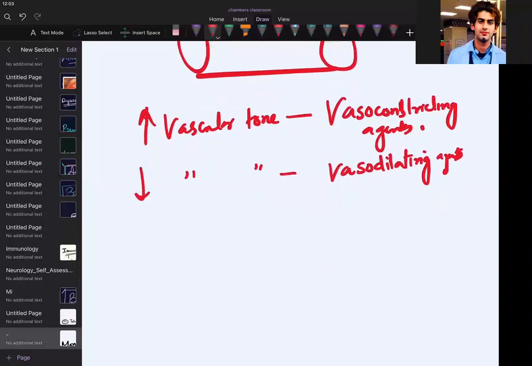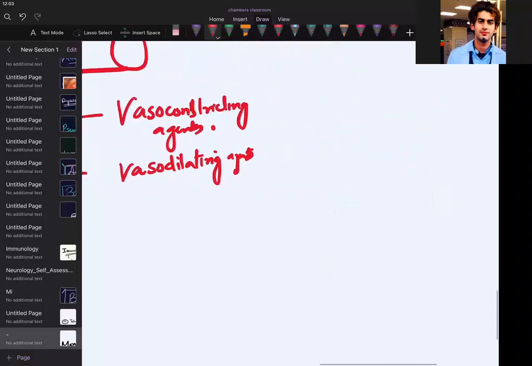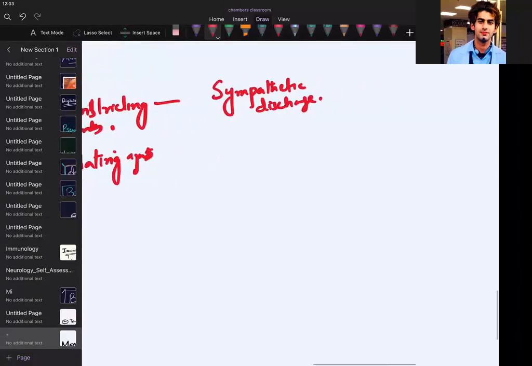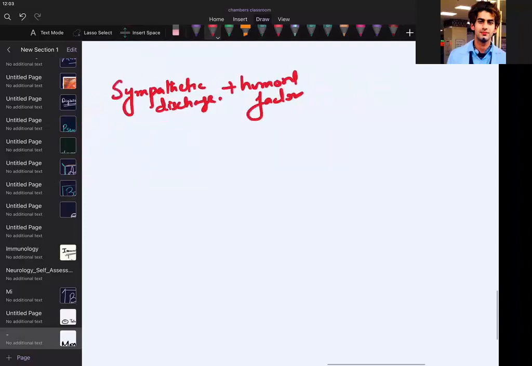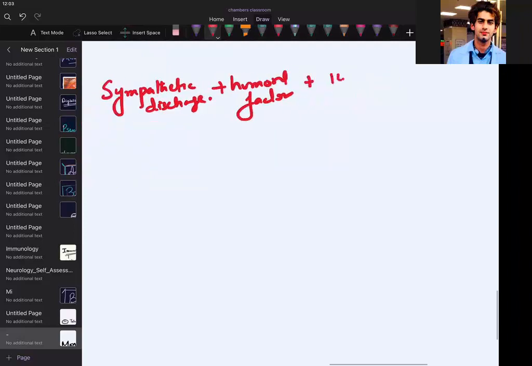So which things can cause this vasoconstriction? For example, sympathetic discharge and humoral factors. I have taught you the humoral factors: epinephrine, norepinephrine, dobutamine, and chemical ions. What ions? Calcium ion concentration.